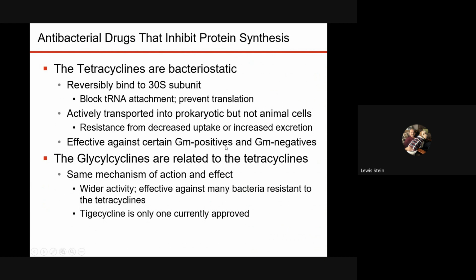It's effective, but not great against both. We're thinking this is going to be better, but there's really a lot of limitations. The big pitfall with this is you cannot give it to pre-adolescent children. It causes hard surfaces, read that as calcium surfaces, to be damaged and discolored. Permanent damage to teeth.